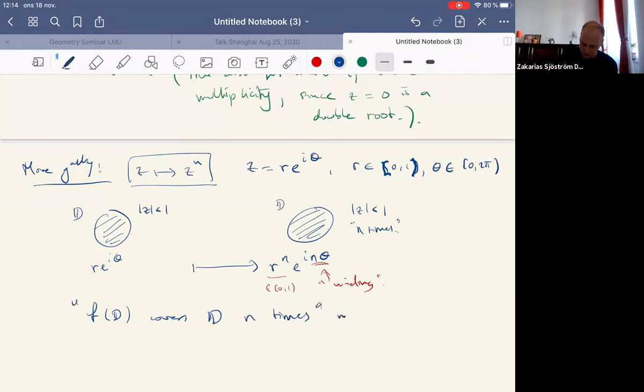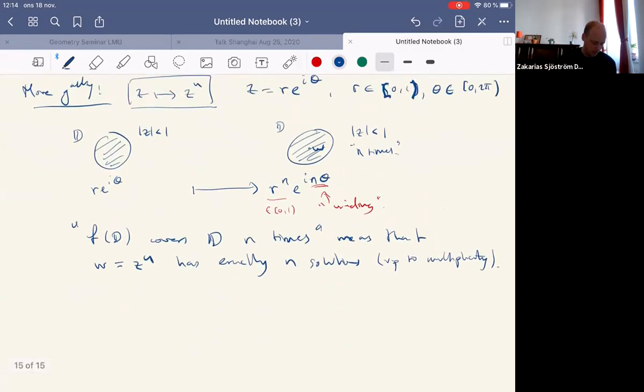By this we mean that the equation w equals z to the n has exactly n solutions, up to multiplicity, again.